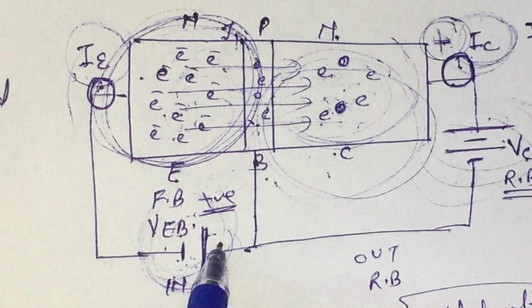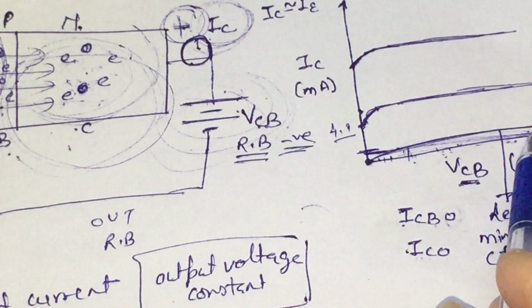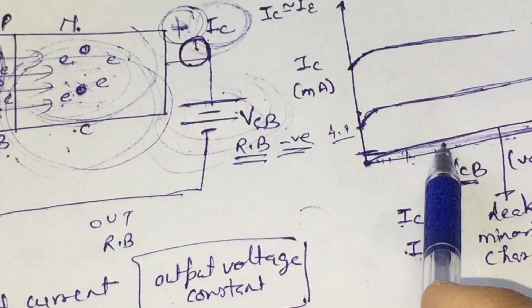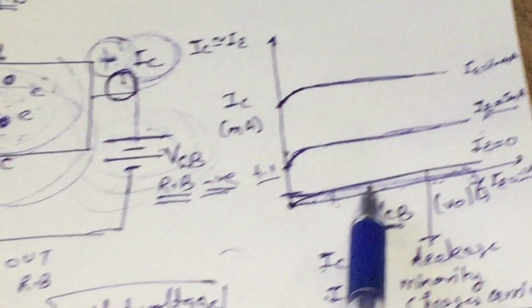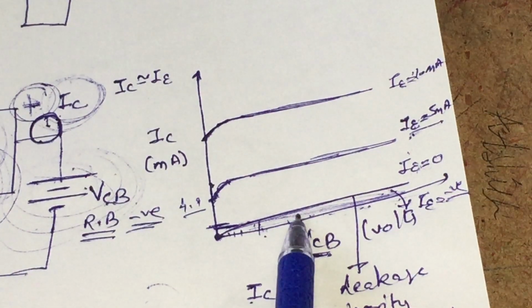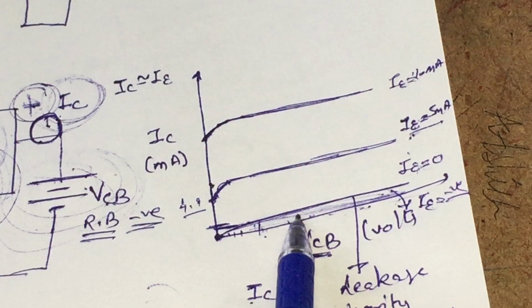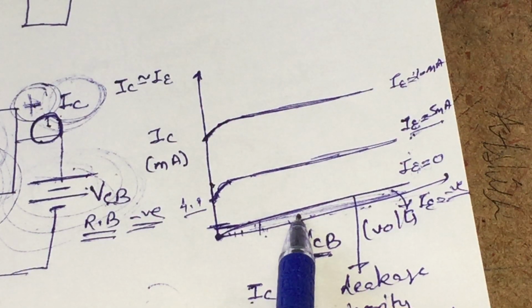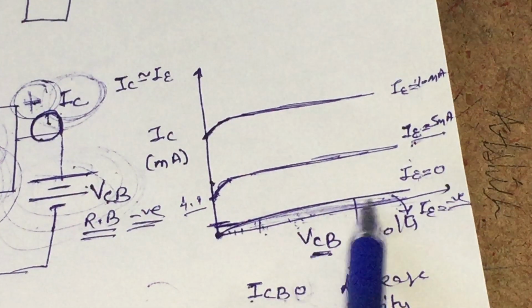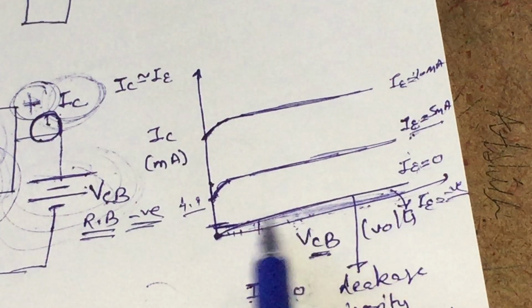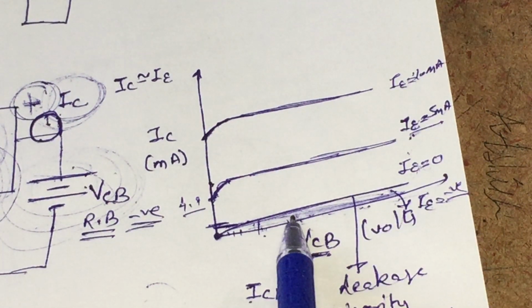It means this region becomes reverse biased. In this region the output is reverse biased as well as the input is reverse biased. Hence, this region is known as the cutoff region, where both sides, the input side and the output side, are reverse biased.